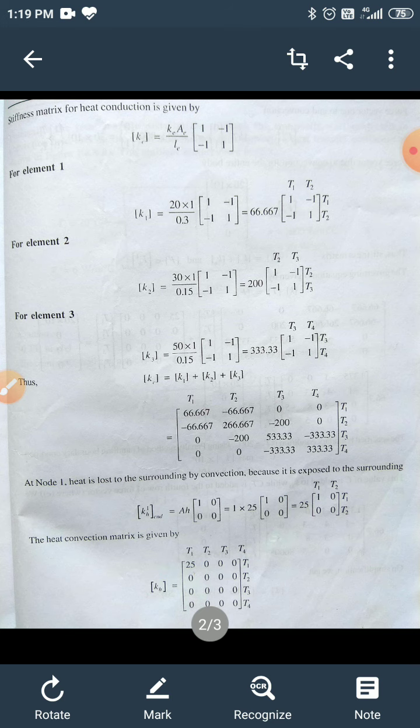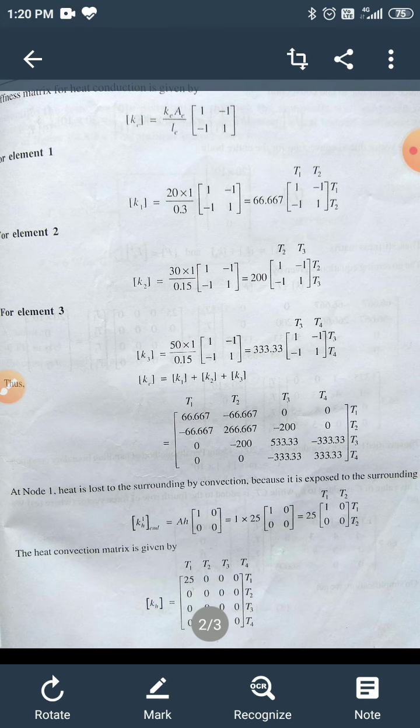We just substitute in the thermal conductivity matrix. So we get 20 into 1 divided by 0.3, into the matrix, which gives 66.667 times the matrix 1 minus 1 minus 1 1. It is connected between node 1 and node 2, that is T1 and T2.